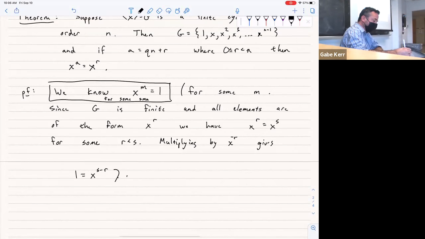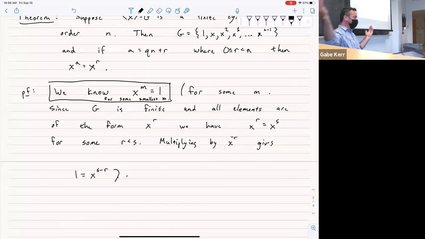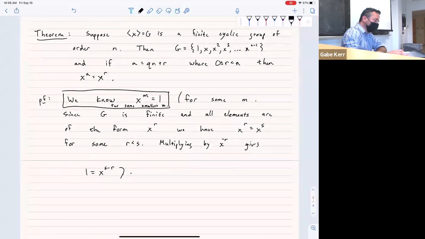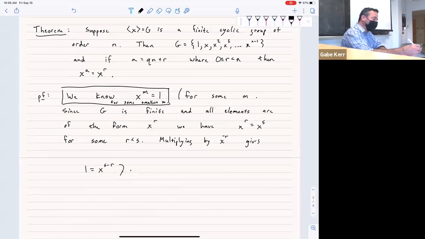So of course, if x to the m equals 1, x to the 2m will equal 1 as well. But let's take the smallest possible integer for which this is true. So now I claim that with n replaced with m, we will get that indeed this holds.